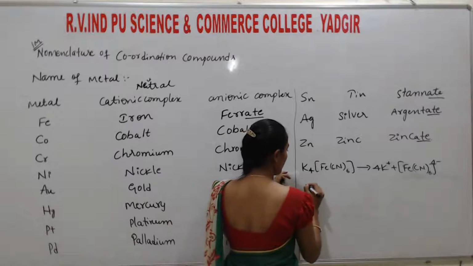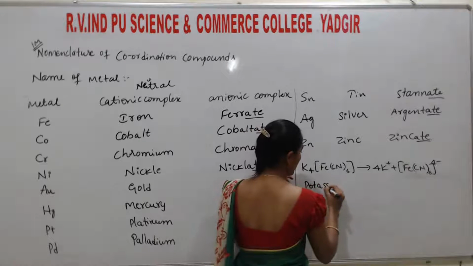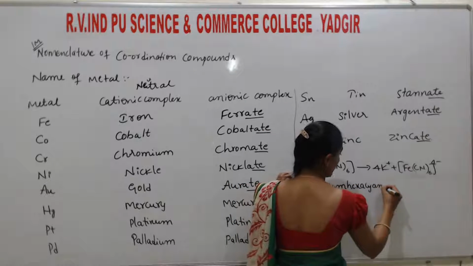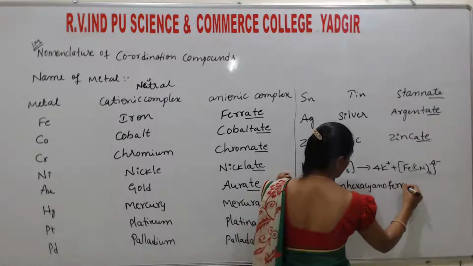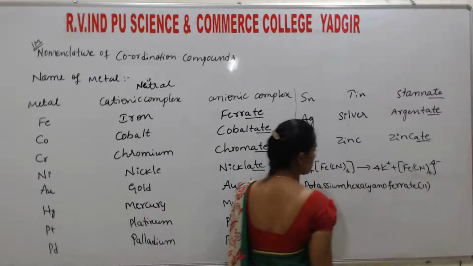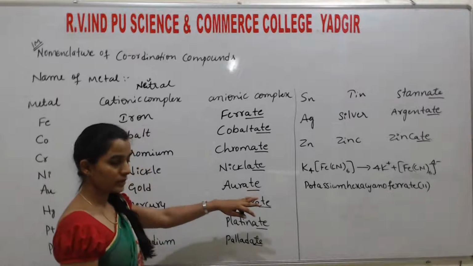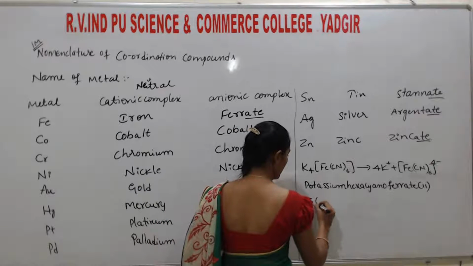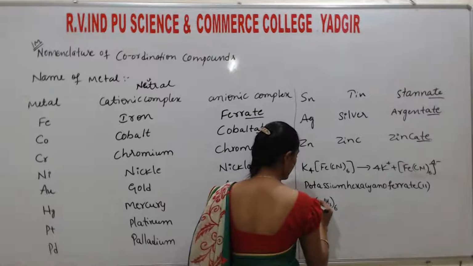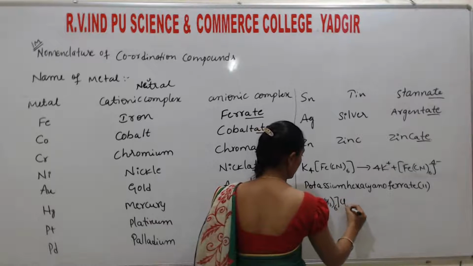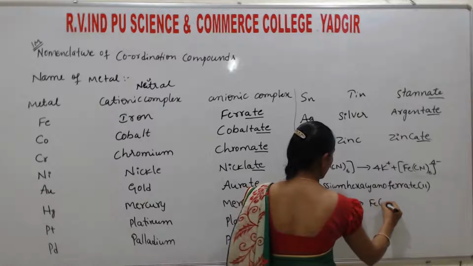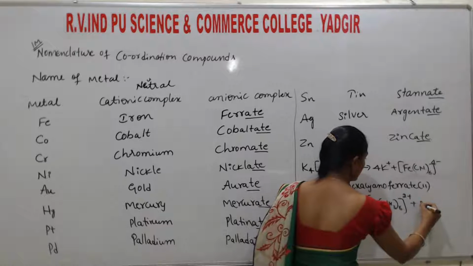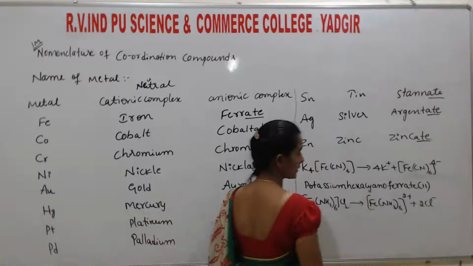So here what happens? First, the name of the compound follows potassium hexacyanoferrate(II). Remember, just now I wrote the name, so you will understand easily. If it is [Fe(NH3)6]Cl2, then it is dissociated as [Fe(NH3)6]2+ and 2Cl-.